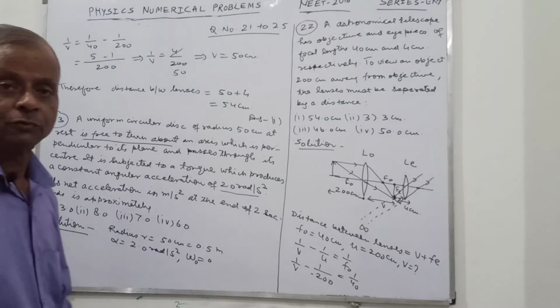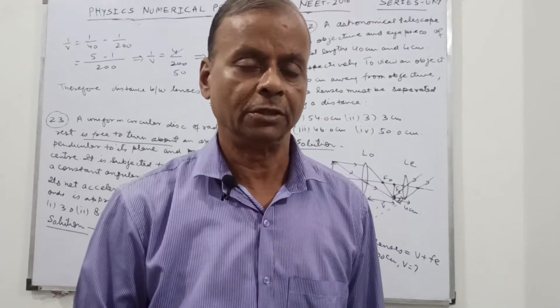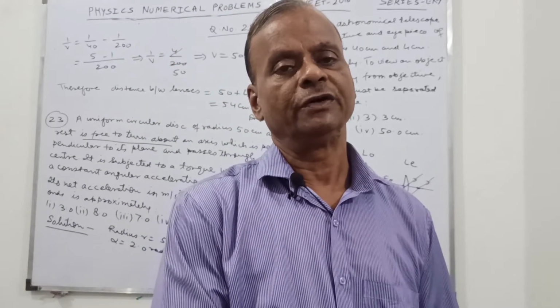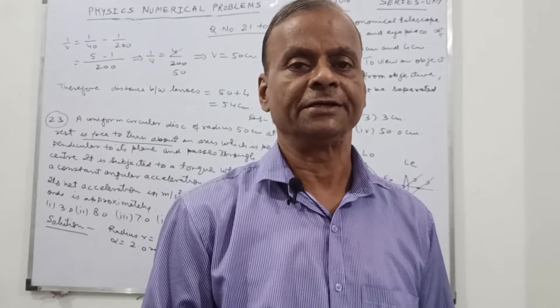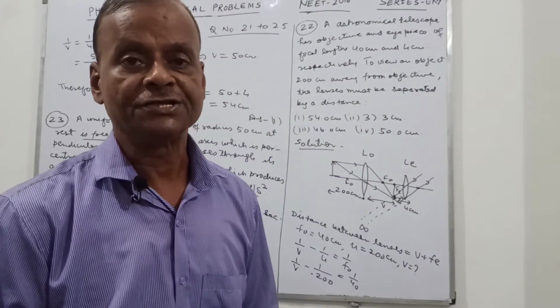So now we know that when the object moves in a circular orbit, then it has two kinds of accelerations. One is centripetal acceleration, and second is tangential acceleration.